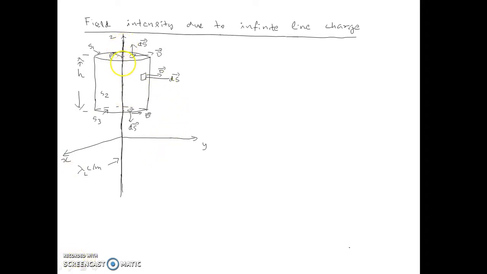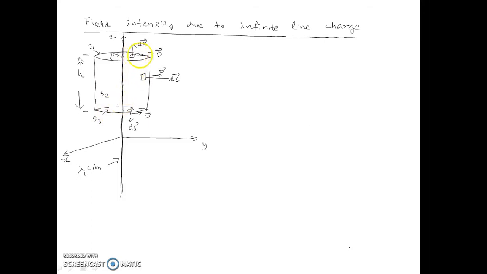So this surface of radius rho and height h has three surfaces. So this is the top surface S1, the sides, that is S2, and the bottom surface S3.